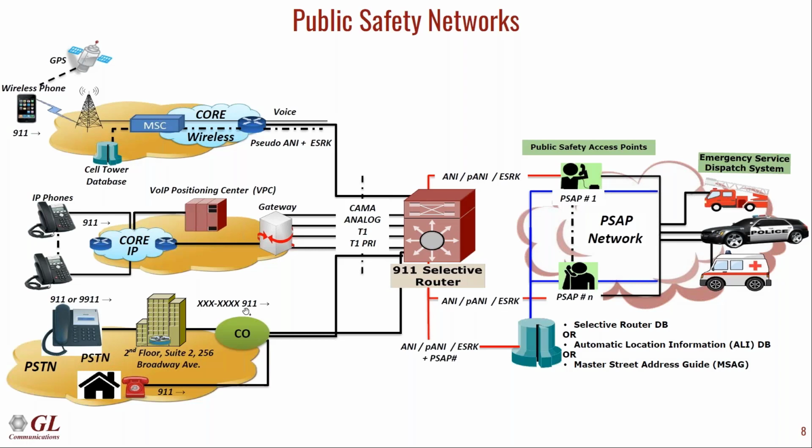So basically, when you dial 911, it doesn't matter if you're dialing from a cell phone, an IP phone, or from the traditional landline telephone network. You are going to get to this 911 selective router. And from this 911 selective router, it will then send your call to the appropriate PSAP. PSAP stands for Public Safety Access Point.